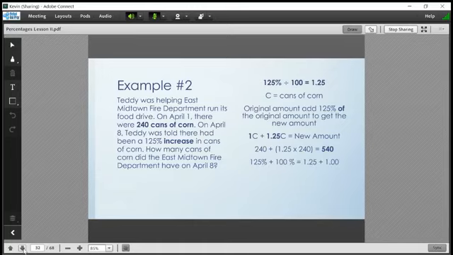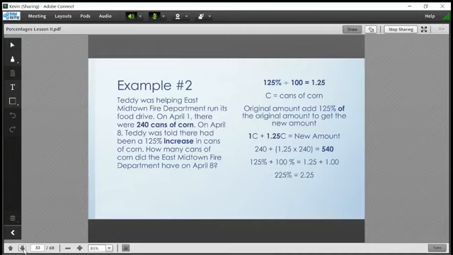So if I notice 125% is the 1.25, one thing I could do is take 125% plus 100% of the cans of corn. That's the same thing as 1.25 plus 1. The 125% is the increase, the 100% is the original amount, which I have to add to.